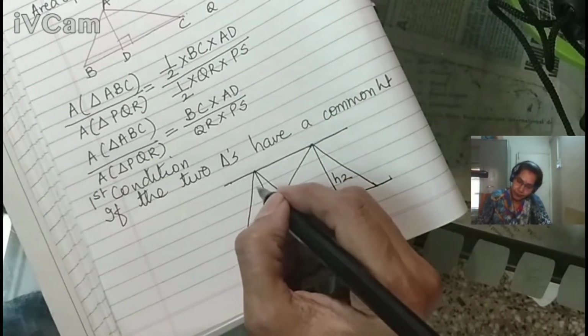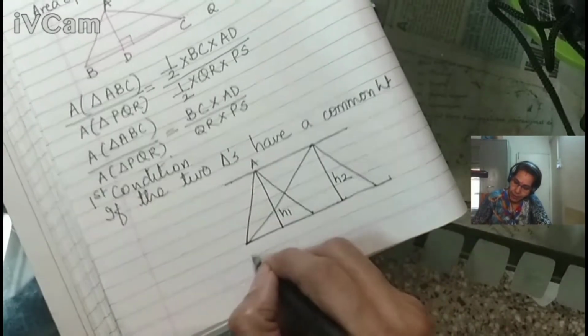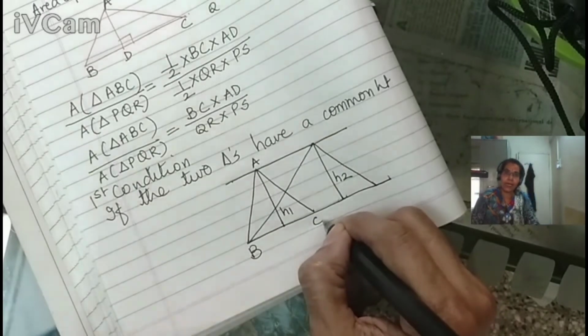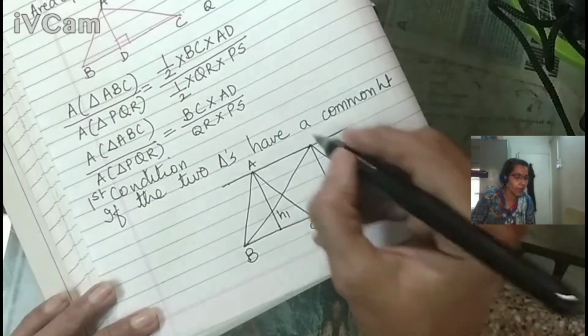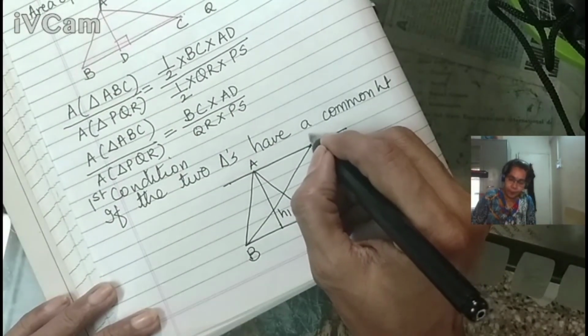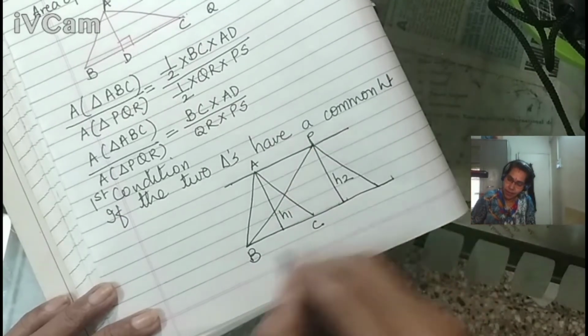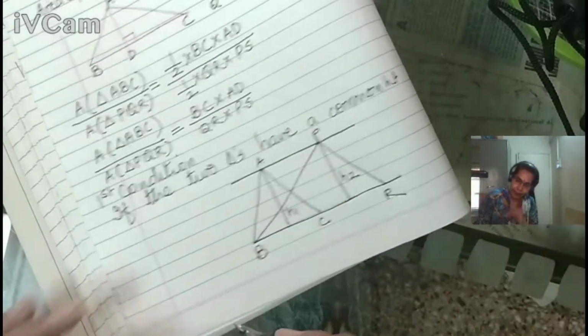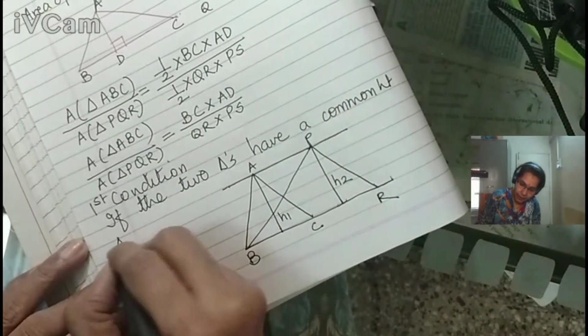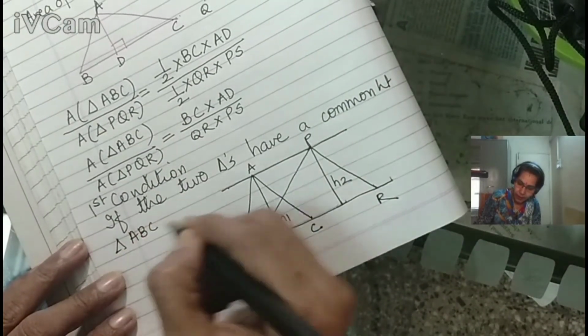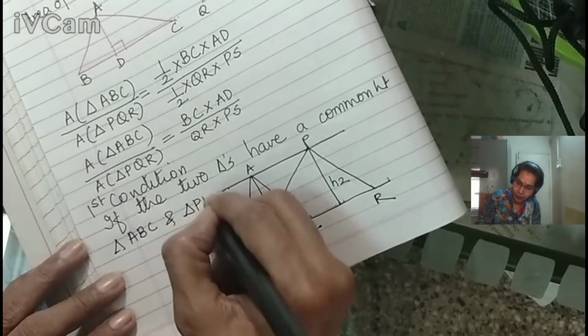I'll give it a name. The two triangles are triangle ABC and triangle PBR.